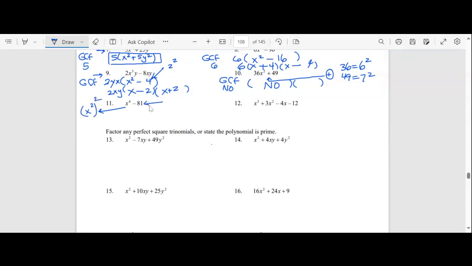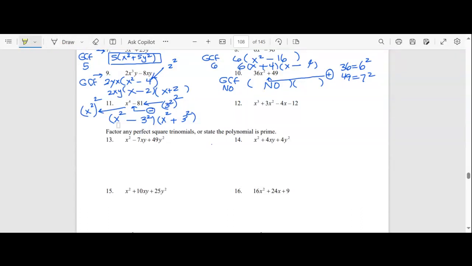What about 8? 8 is what? 4, 3 squared squared, right? And do we have a negative here? Yes. So we can do difference of squares, right? So it's going to be x squared, 3 squared, minus, plus. I still can do one more.